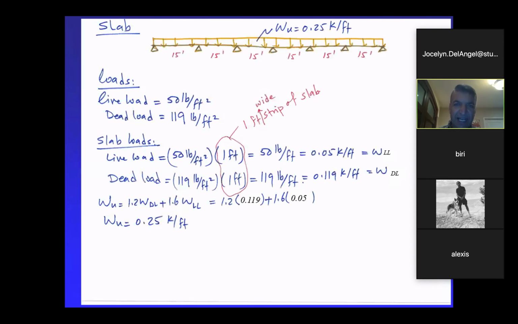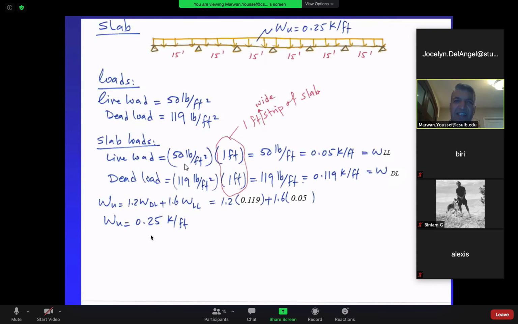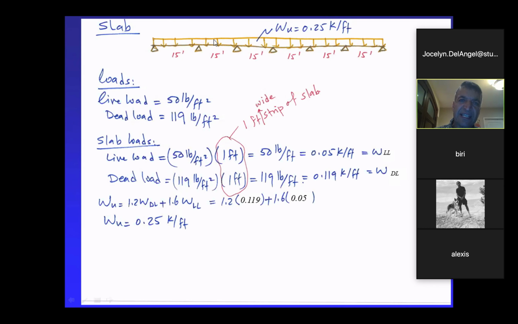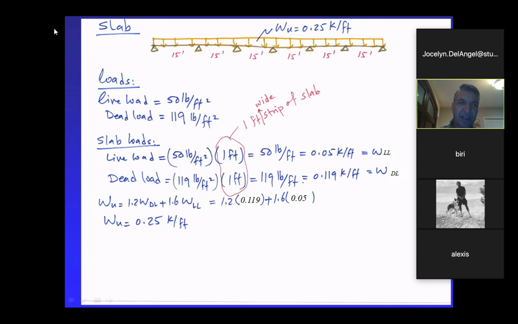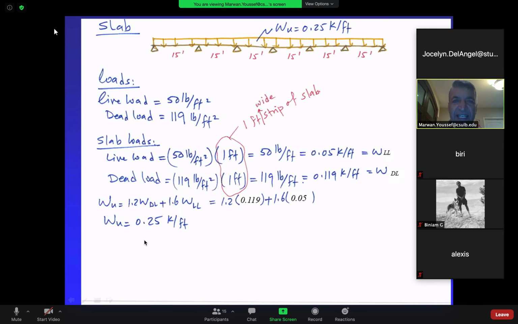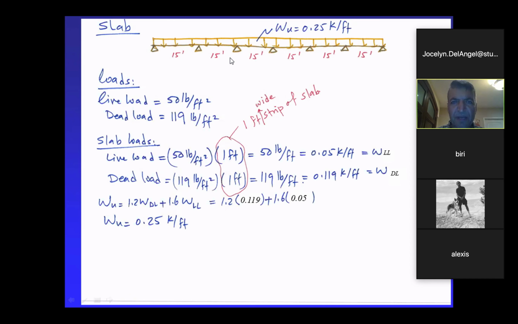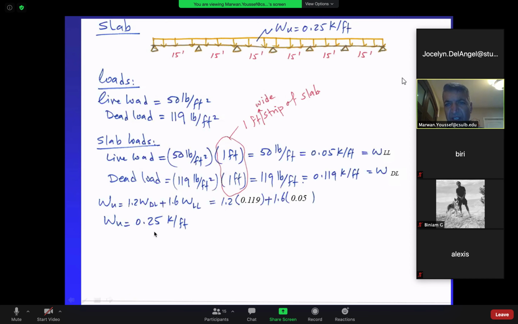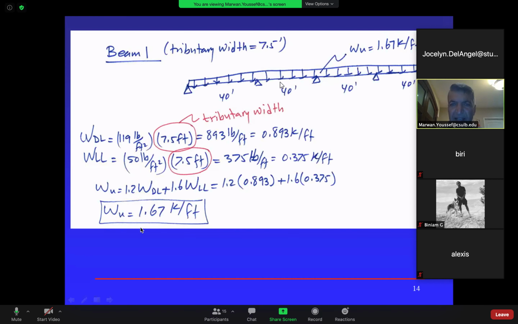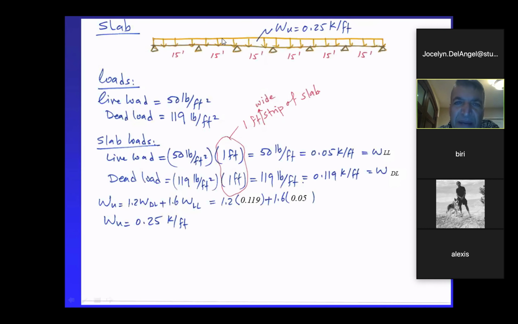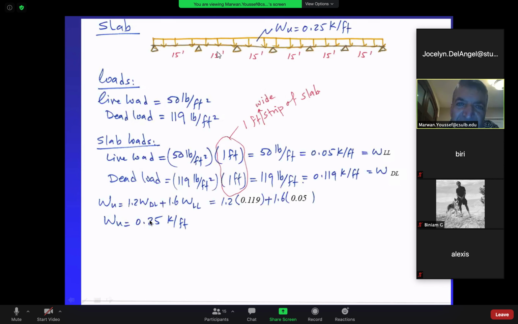Okay, now look at the slab here. Before the load is gonna get to the beam, here we're assuming that the load is getting to the beam, and we're gonna design that. But before the load gets to the beam, the load is here between the supports.